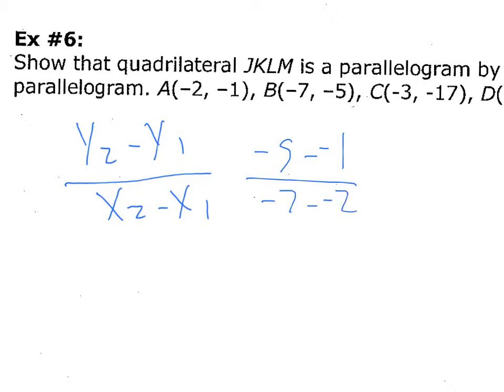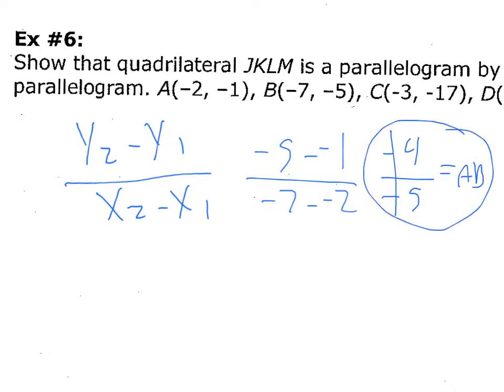If you calculated the slope, on the top you'd have -4. And on the bottom, you'd have -7 minus -2, which would be negative 5. Those would cancel out, and you'd have a slope of 4/5. So AB would have a slope of 4/5.